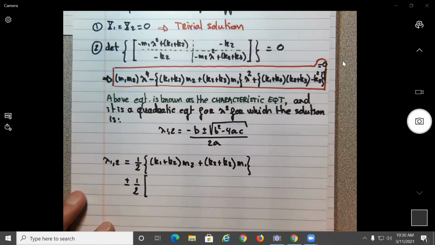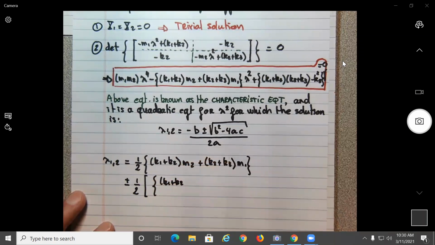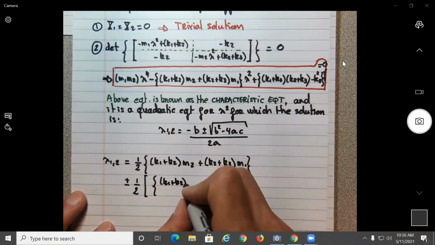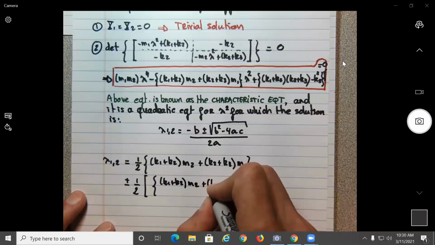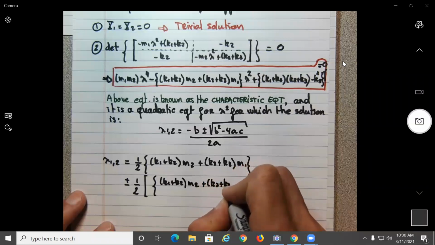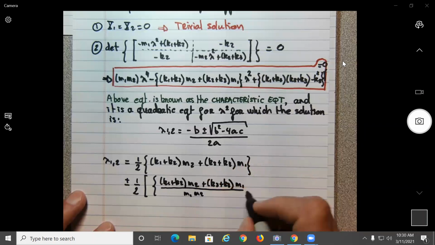So the second term will be reduced to ((K1 plus K2)/M1 plus (K2 plus K3)/M2) squared.